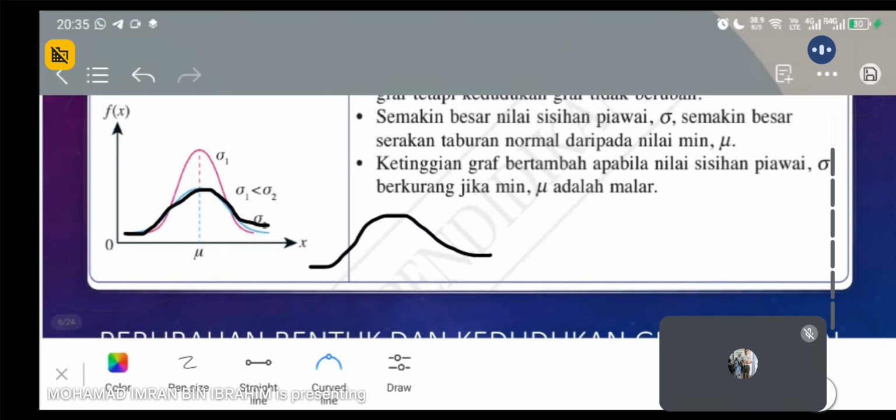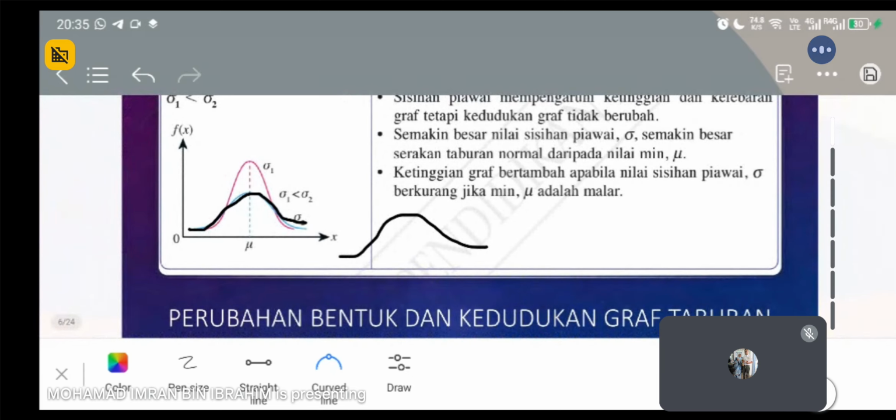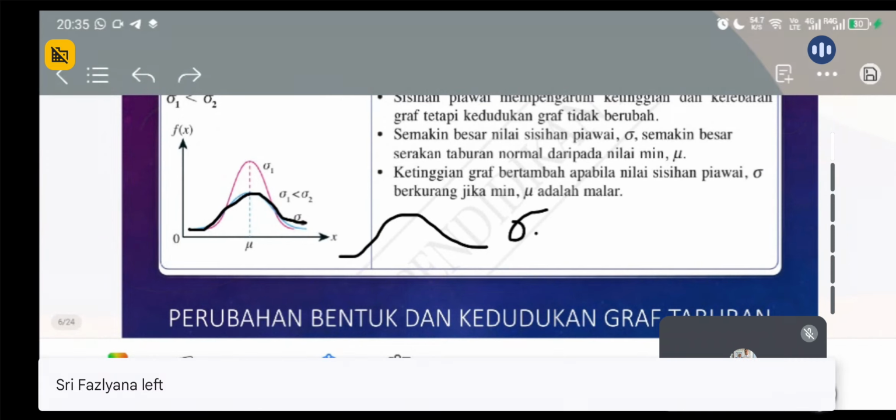So this right here, sigma, that one I already did, it's actually variance.